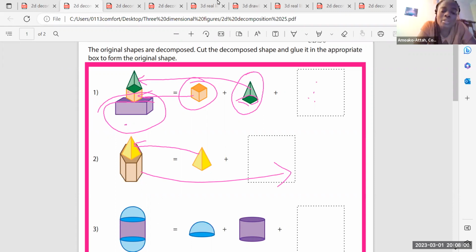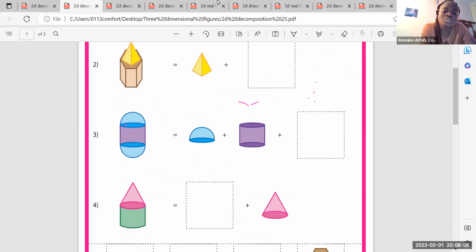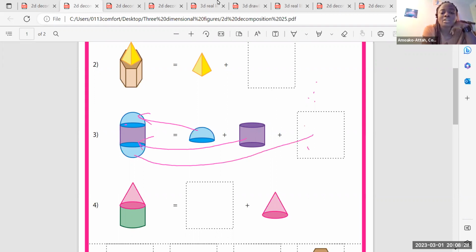Again, we move to the next one. Basically we have the hemisphere. You should be able to name or identify the various shapes. We have the hemisphere and the cylinder, so we are left with another hemisphere down here.